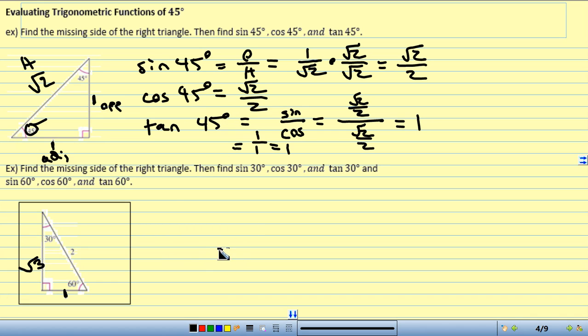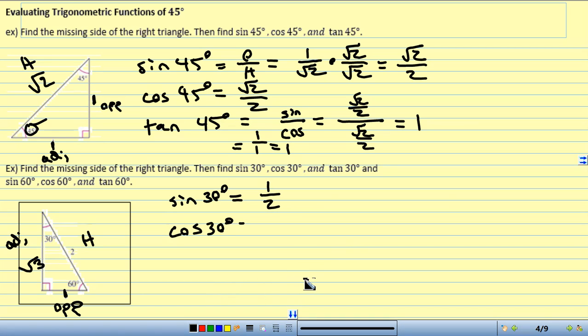And now you can find sine of 30 degrees. I know it tells you to find all these, but in all honesty, you should be able to figure it out. So opposite over hypotenuse, which is 1 over 2.